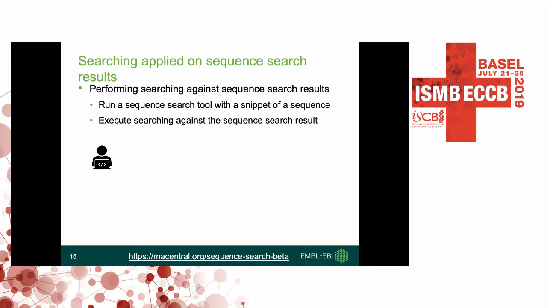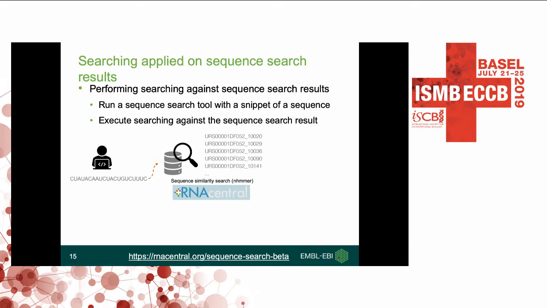A user inputs a snippet of a sequence and triggers the sequence similarity search, and then RNA Central runs the tool and produces a list of similar sequences, similar entries. Then RNA Central calls the EBI Search API.